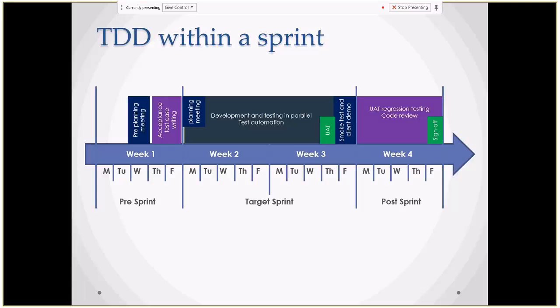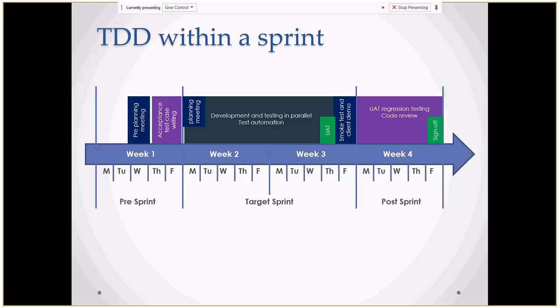Then on Friday, the QC or QA person will start testing these 10 user stories in the UAT environment and provide his sign-off to go for the client demo. Then the delivery team will get together and show it to the client, saying these user stories are completed. If you agree, we can sign it off. If not, if we need any improvements, we can bring them on. So these discussions will happen.